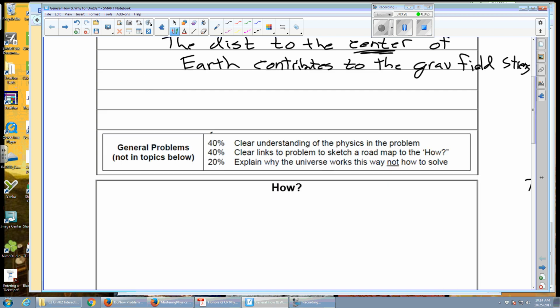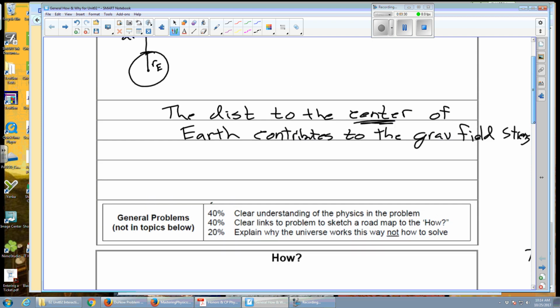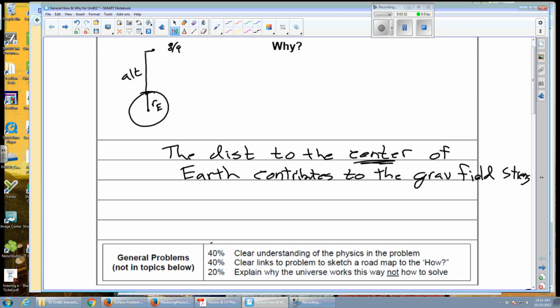Wow, I ran out of room there. And I think it's key to realize that it's from the center of the Earth to that point, not from the surface. That would be a very common mistake. And you'll see mathematically how that comes in.